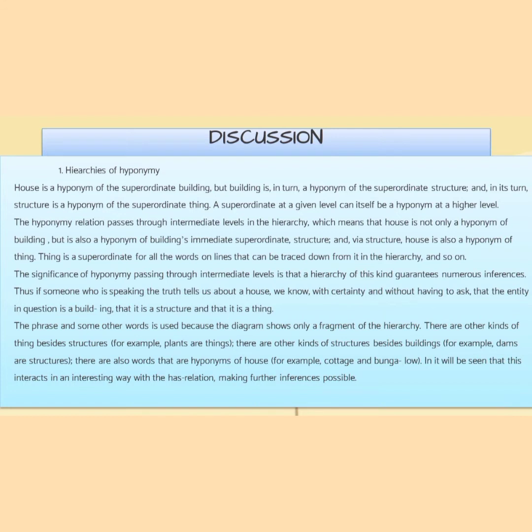There are also hyponyms of house, for example, cottage and bungalow, and it will be seen that this interacts in an interesting way with the has relation, making further inference possible.